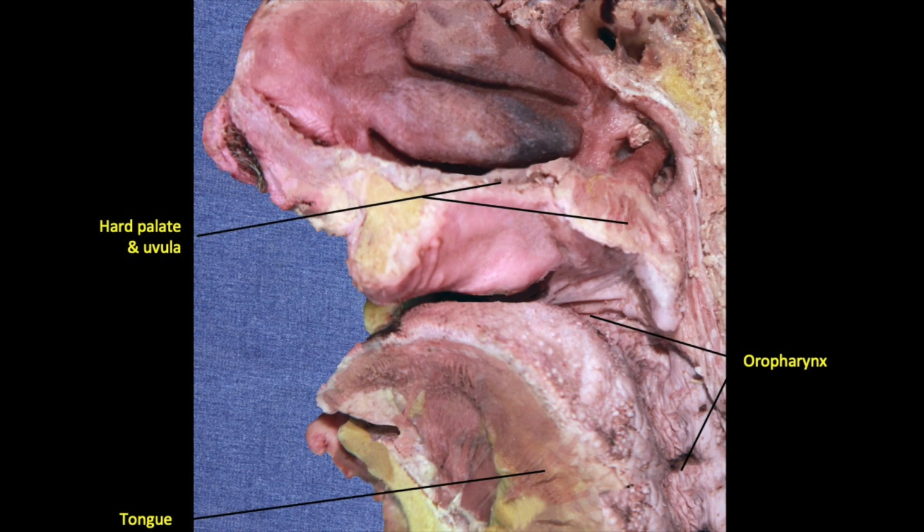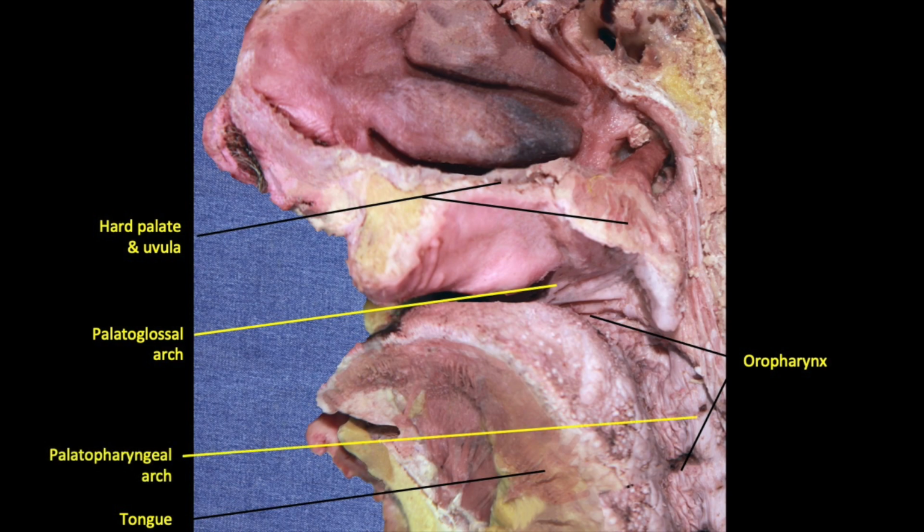Although difficult to demonstrate in the cadaver, in reality, there are two elevations, or arches, that arise from the palate. The anterior one, between the palate and the tongue, is called the palatoglossal arch. And the one located posteriorly is called the palatopharyngeal fold, or arch.